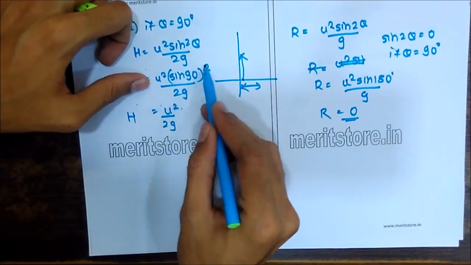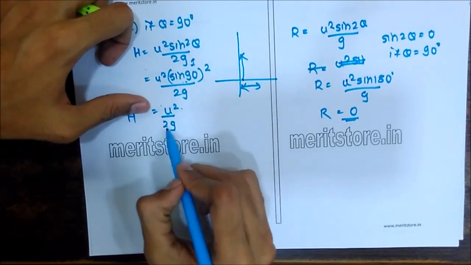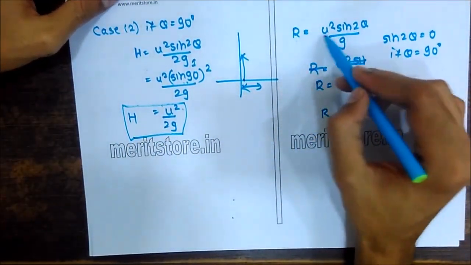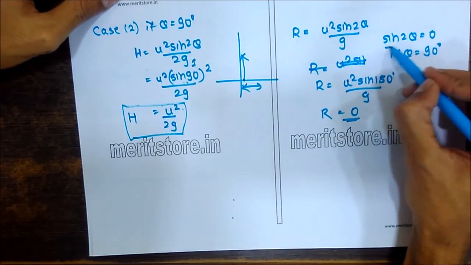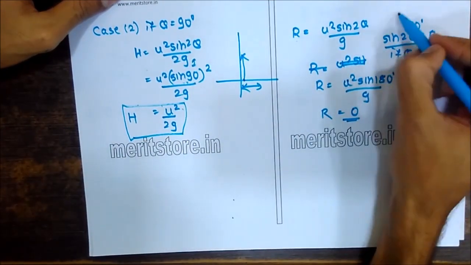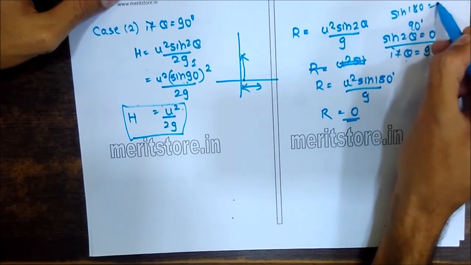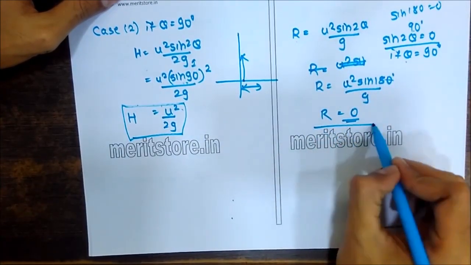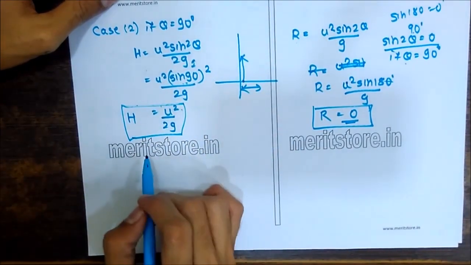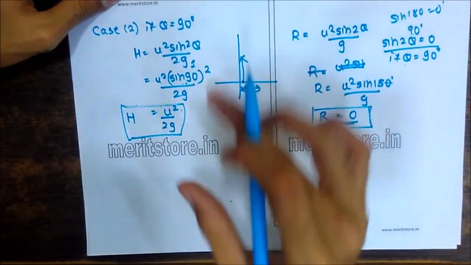So u square sin square 90, sin 90 becomes 1, so you get h equals u square upon 2g. Now for the horizontal range, u square upon g into sin 2 theta. If we take theta equals 90 degrees, 2 theta becomes 180, and sin 180 equals 0, so the entire r becomes equal to 0. So there will be no horizontal range for this particular case, there will be only vertical range.